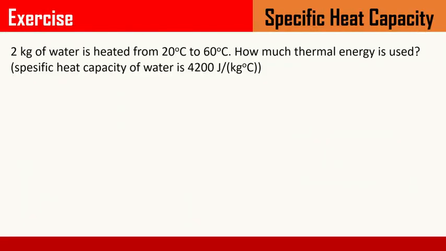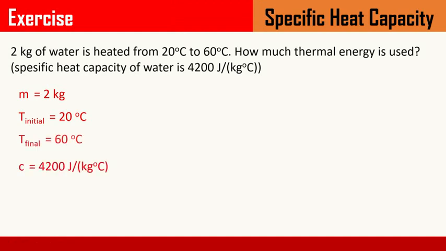Next, this is the example question. I want you to read the question in 10 seconds. Okay, let's start. What happened? We have 2 kilogram, that's the mass. And then we have initial temperature 20. And then we have the final temperature 60 degrees Celsius. The C, remember, is specific heat capacity, right?